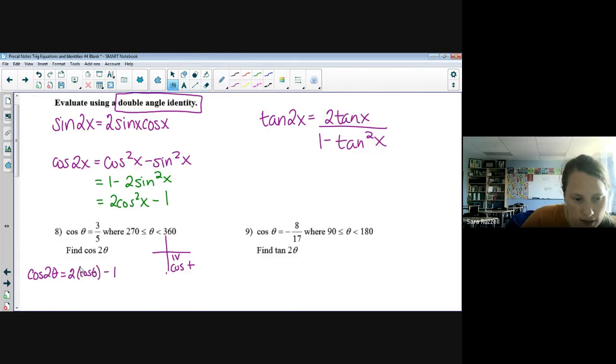I think that might help. So I just picked the formula that was useful based on what I know. And so I'm just going to plug in what cosine of theta is. What is cosine of theta? What did they tell me? It's 3 over 5. So 2 times 3/5 squared minus 1.